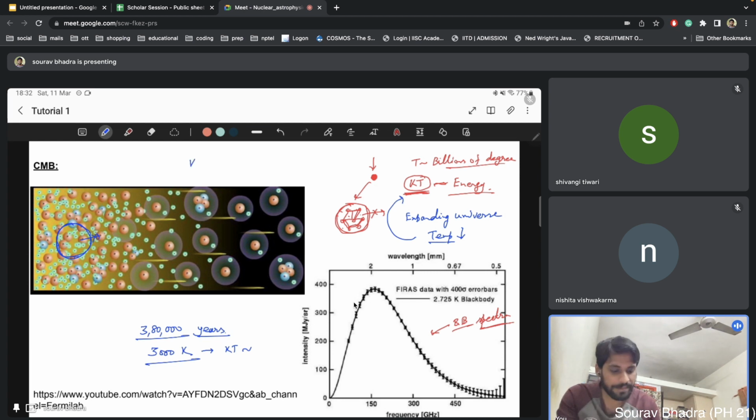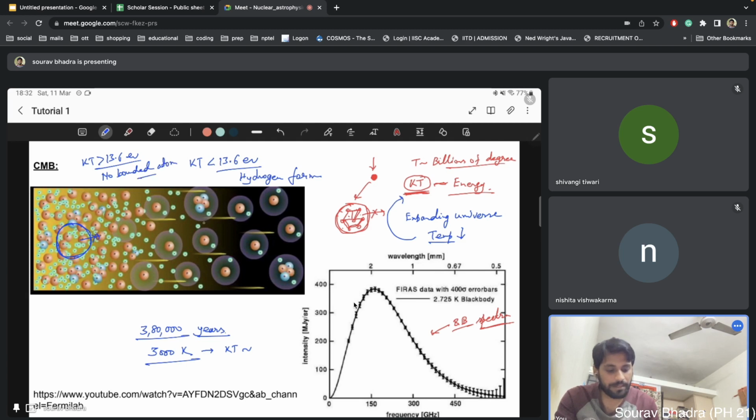So if your kT is less than 13.6 eV, which is the energy of the hydrogen atom in the first orbit, then hydrogen can be formed, and if your kT is greater than 13.6 eV, no bound atom.